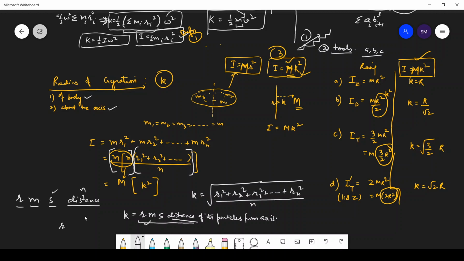I have taken the distance, now square this distance. I have squared this distance. The first thing you have done is square. Second thing, you need to do the mean. So r1 square, r2 square, r3 square plus so on up to rn square, mean, divided by n.